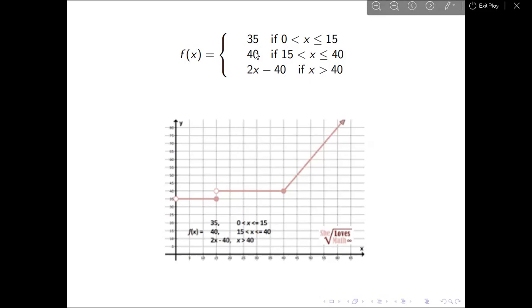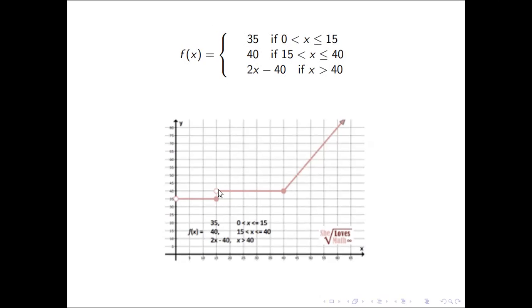Self-explanatory, the first two are constant functions, so 35 and then 40. Of course, you have to consider the appropriate intervals. 0 to 15 at 35, and then you have to use hollow since 0 is excluded, and then solid since 15 is included.